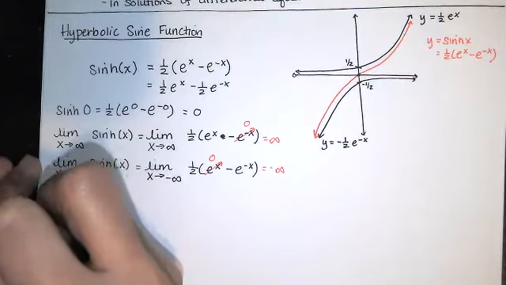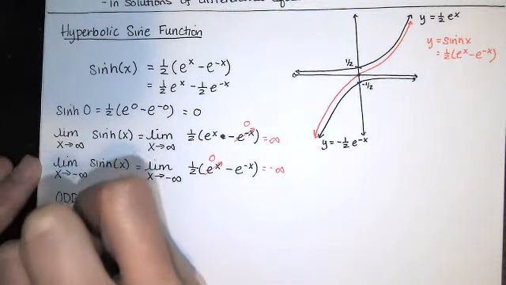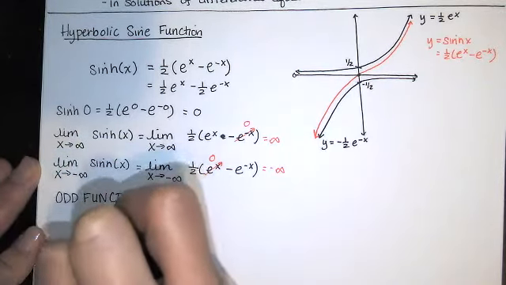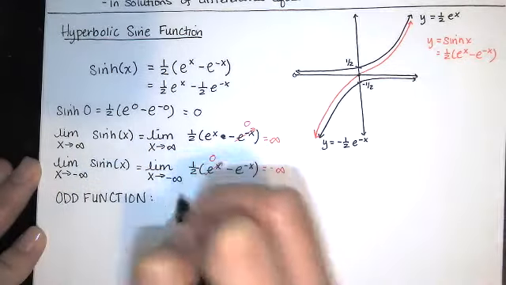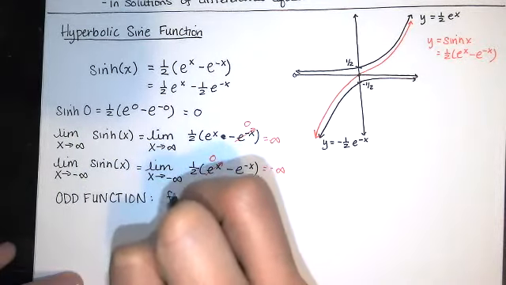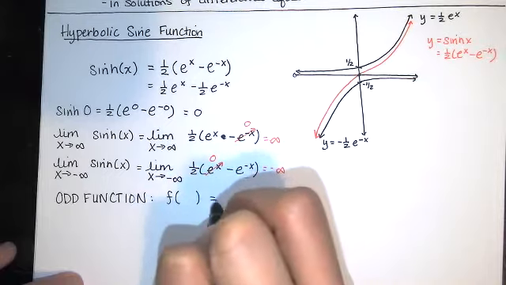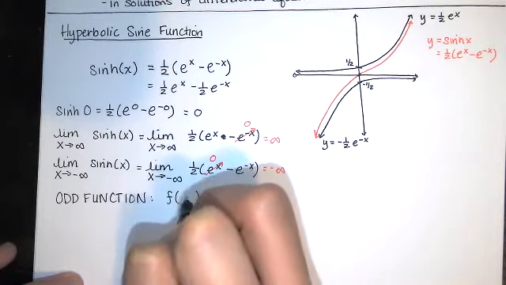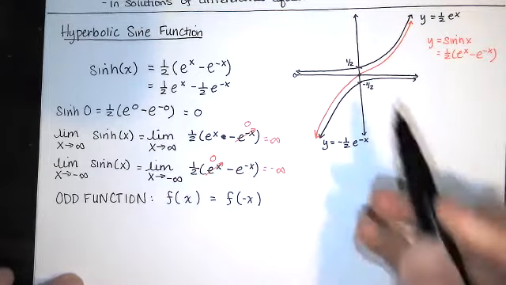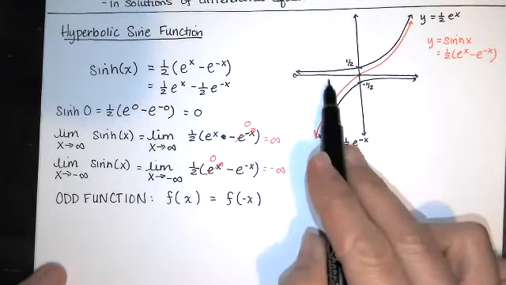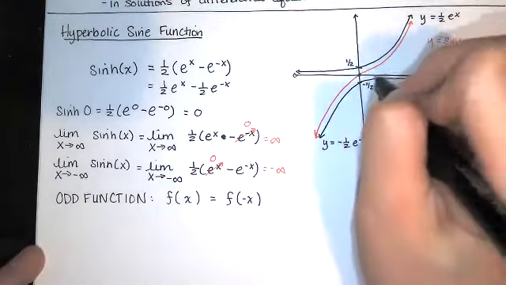Remember what it means for a function to be odd. A function is odd if you look at the y values x units to the left and the y values x units to the right. So you go x units this way and x units this way, and you find the y's.